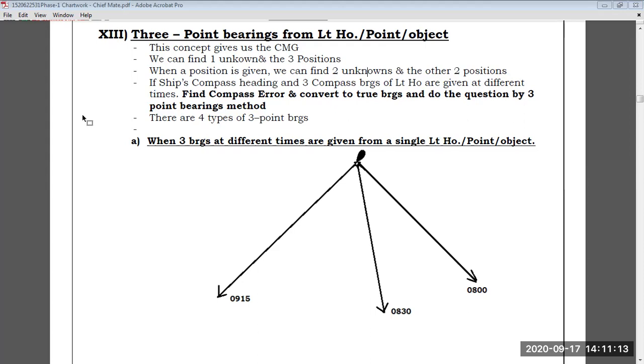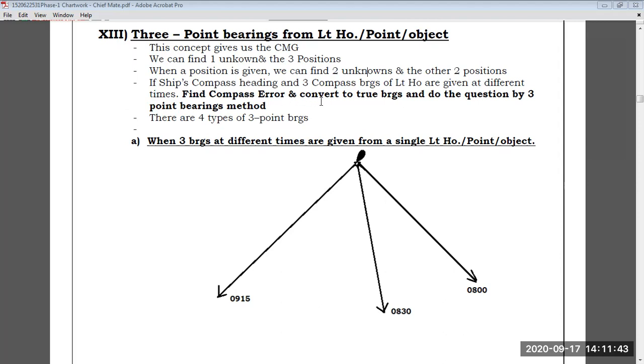Now if the ship's compass heading is given and three compass bearings are given at different times, same like running fix, we have 3-point bearings at different times. In horizontal sextant angle, we had them at the same time, and in 3-point bearings, we have three different bearings at different times from one point or one lighthouse.